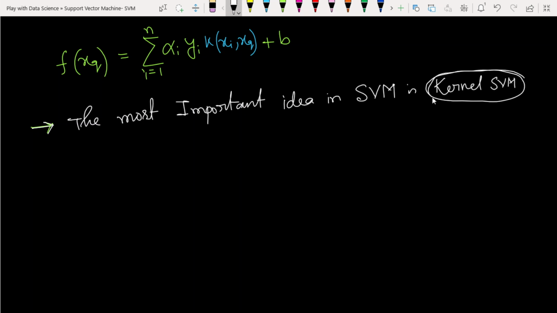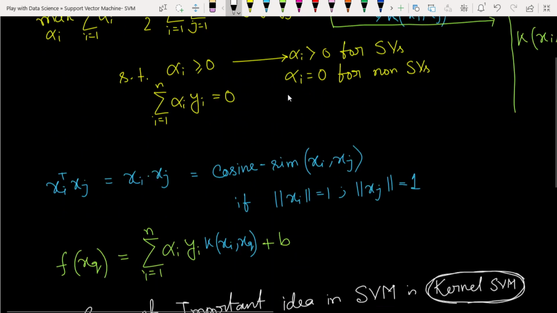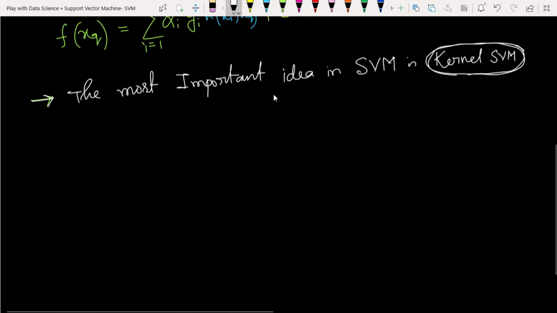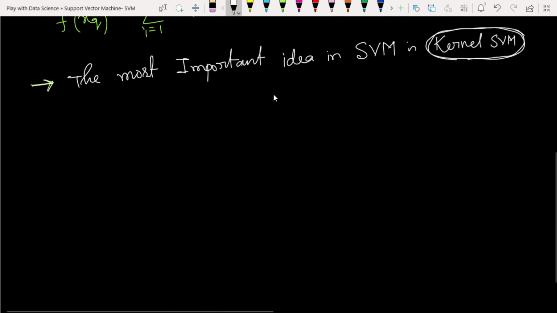In the whole world of SVM, the kernel SVM is the most important. Linear SVM and logistic regression are nothing, just a trivial thing. The extension of this idea using the kernel function is the most important.